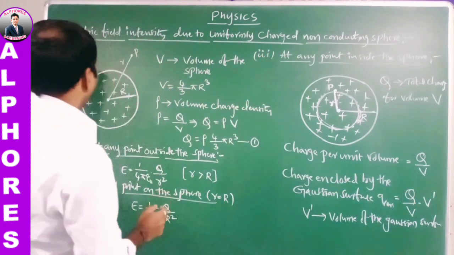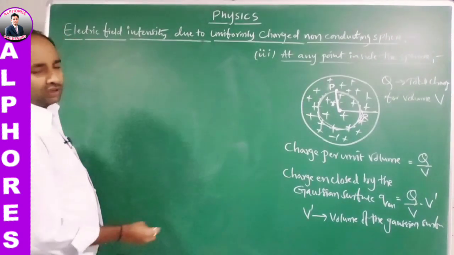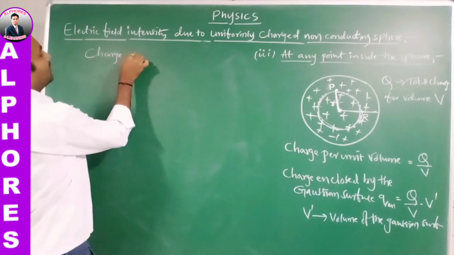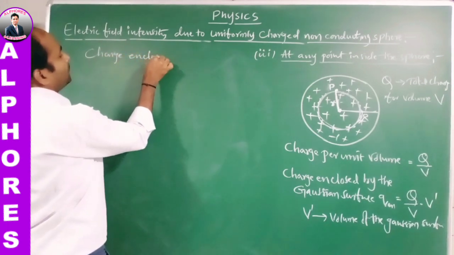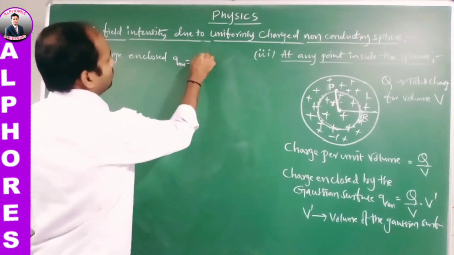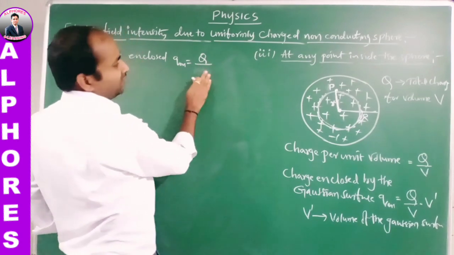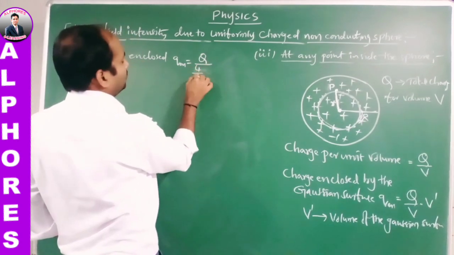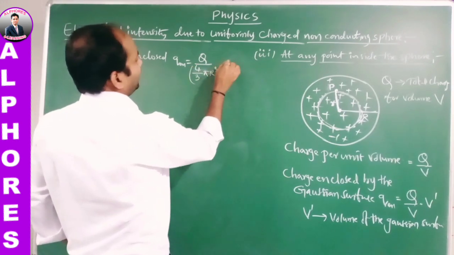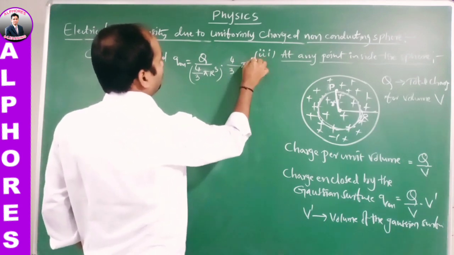So Q enclosed is equal to Q by V into V dash. V is 4 by 3 pi R cube, and V dash is 4 by 3 pi small r cube.